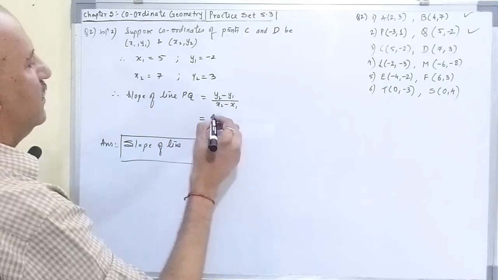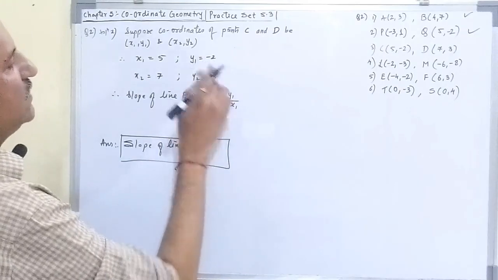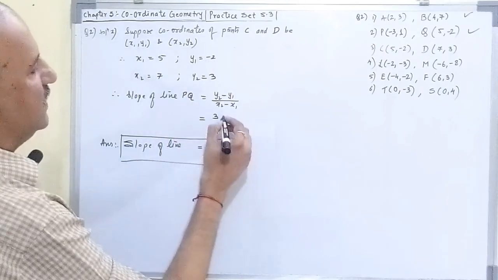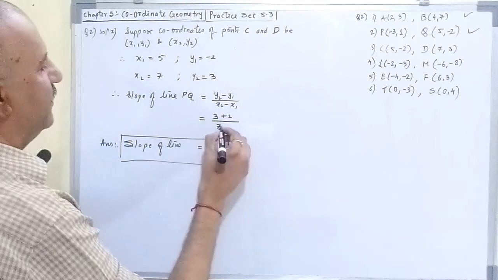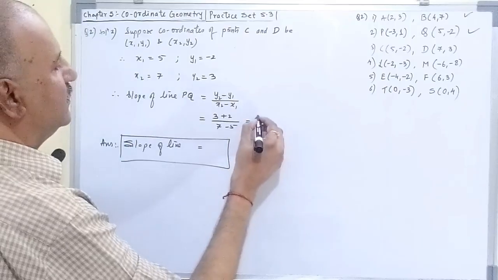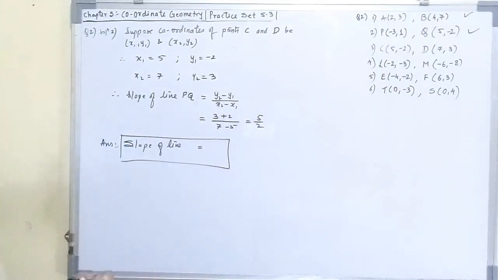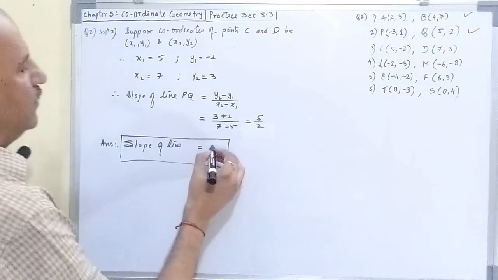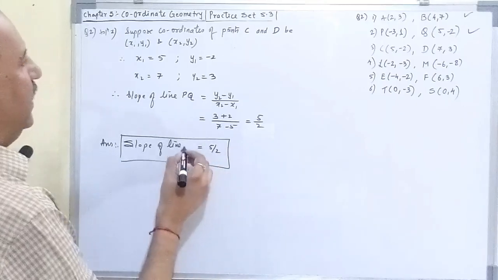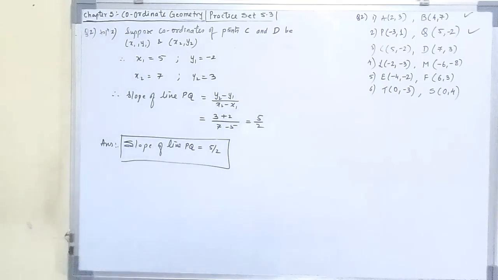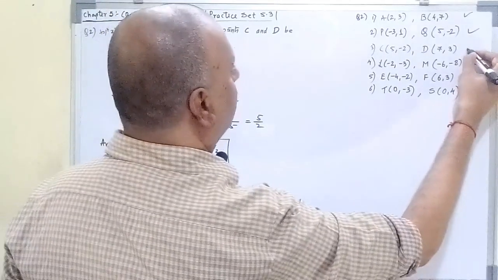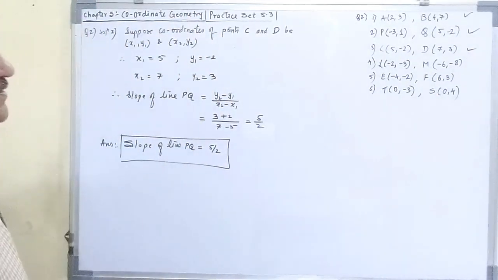So what will this be? 3 minus of minus, this minus and this minus makes plus, 7 minus 5. So this is 5 upon 2. So third is completed.